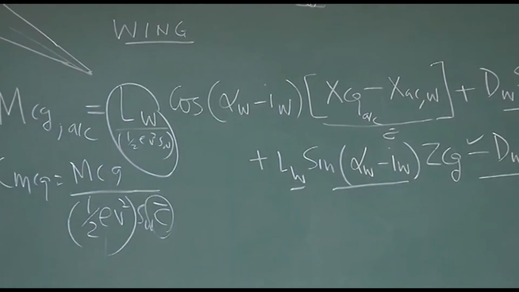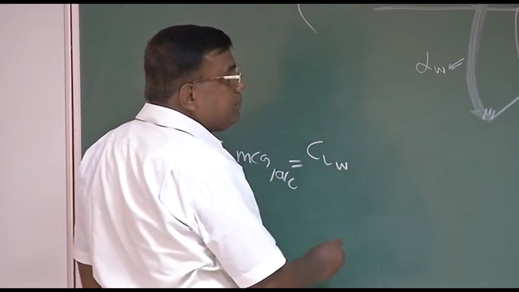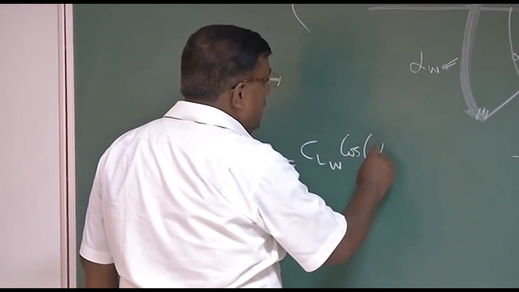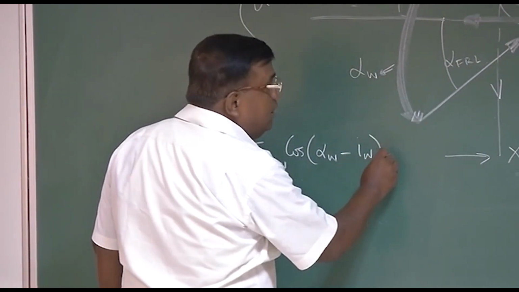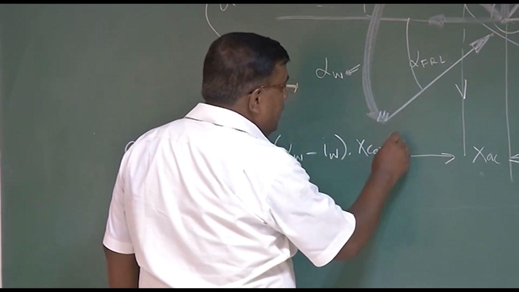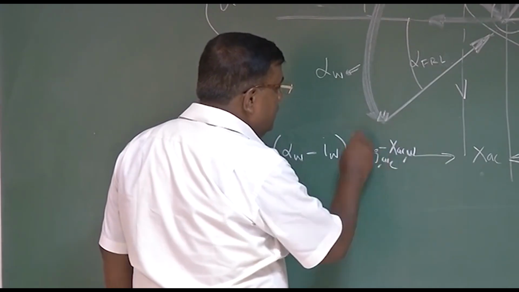So I can write this is equal to CL wing into cos of alpha wing minus IW into X CG minus X AC wing, of aircraft.